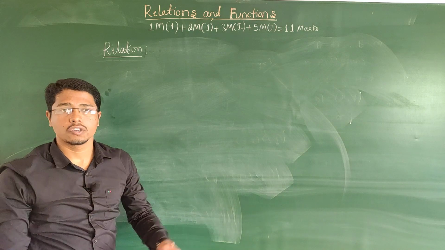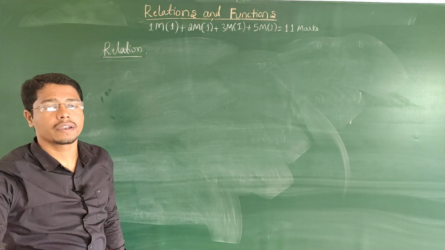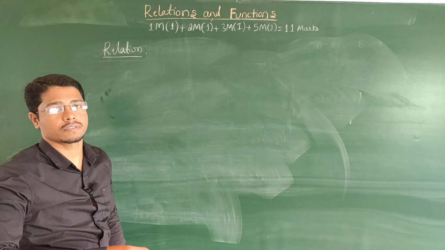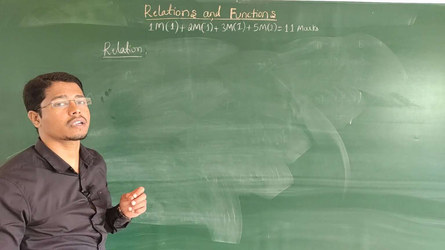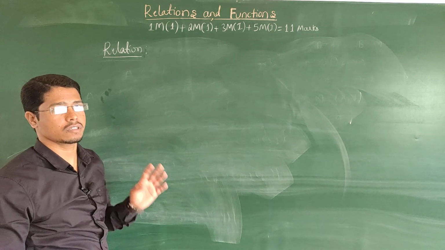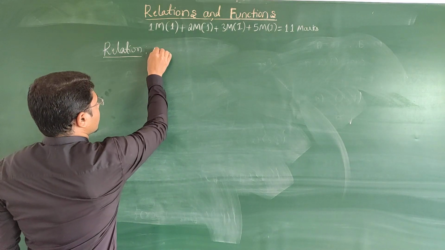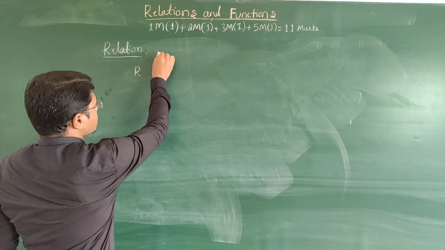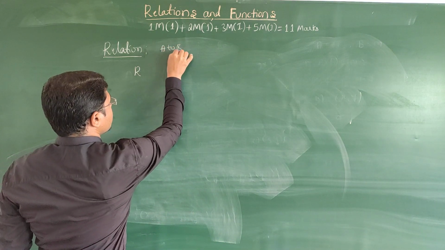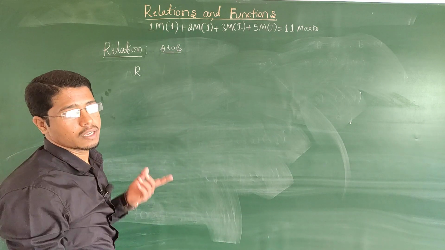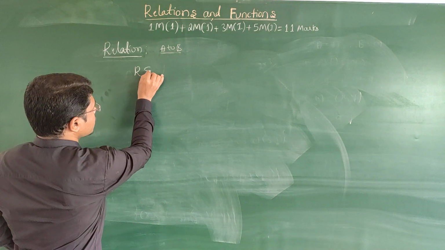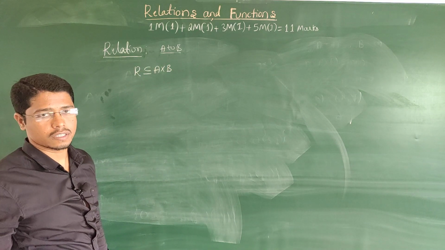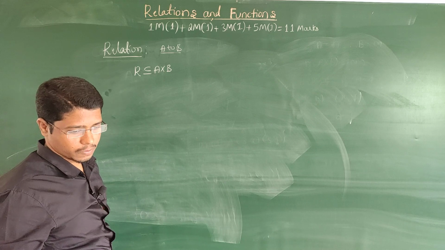Already I said it is denoted by capital R. A relation R from set A to set B is a subset of the Cartesian product A cross B. R is a relation from set A to set B on two non-empty sets. It is a subset of the Cartesian product.